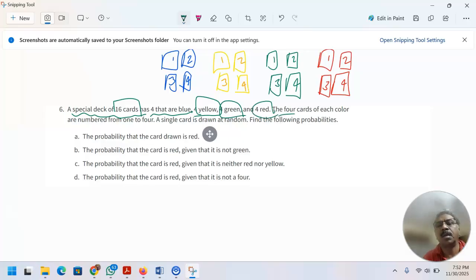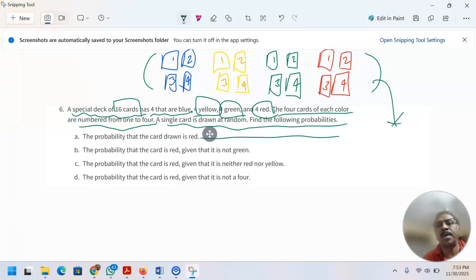All are shown. 4 cards of each color are numbered from 1 to 4, and you can see this visual is very clear. A single card from this is picked up. What is the probability that the card is going to be a red card?